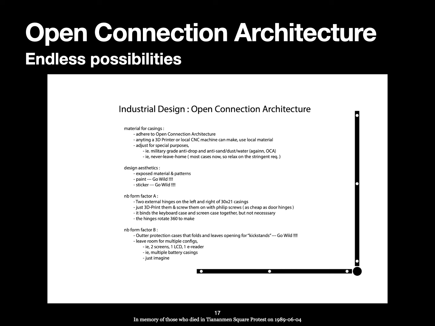And as long as the user adheres to the OCA standard, they can beef it up to make it military grade with anti-drop and anti-sand, dust, water capabilities. And these casings will become interchangeable. And that is the intention of open connection architecture.